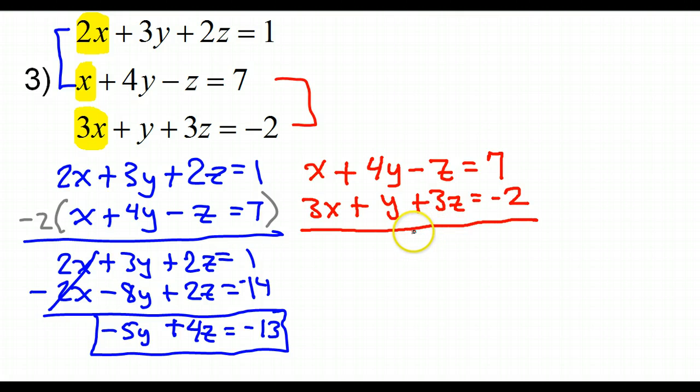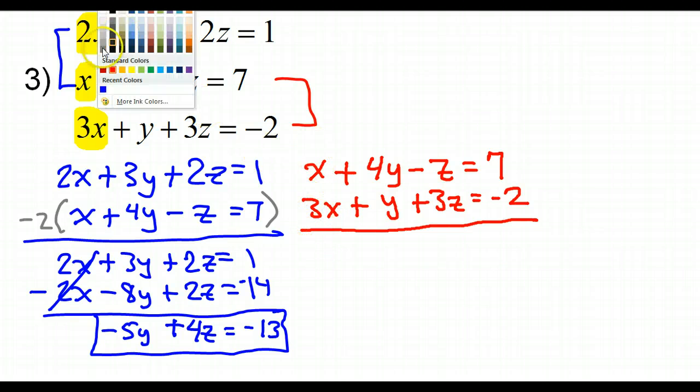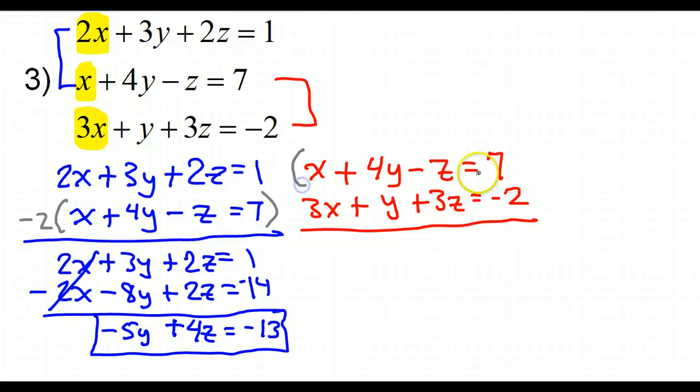Okay, I got rid of my x's last time, so I need to make sure I get rid of my x's again. So in order to make that happen, I'm going to multiply the top equation by negative 3.